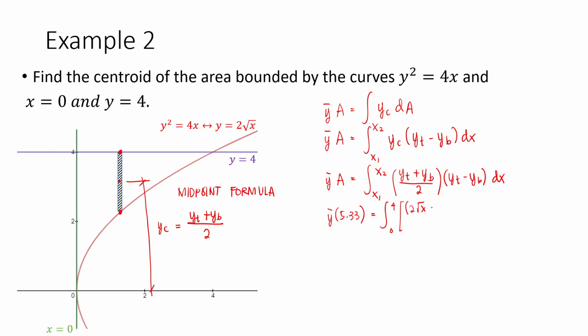So 2 square root of x, and then plus 4 all over 2, then 2 square root of x. So 4 plus 2 square root of x, and this one is 4 minus 2 square root of x.